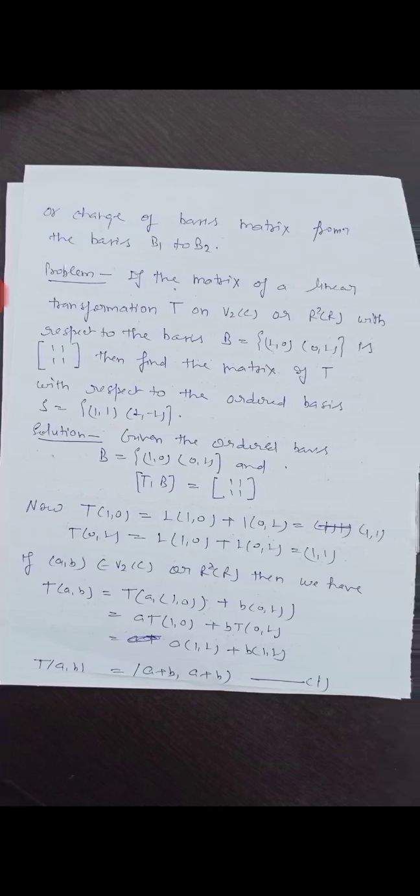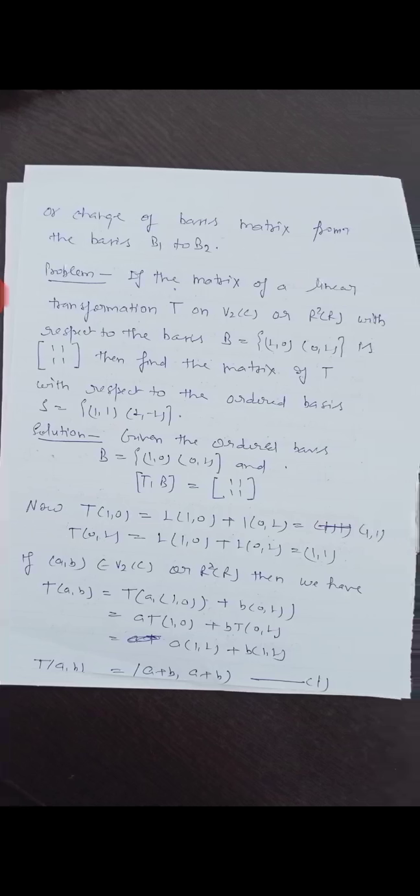If (a, b) belongs to V2(C) or R squared (R), then we have T(a, b) = T(a(1, 0) + b(0, 1)) = aT(1, 0) + bT(0, 1) = a(1, 1) + b(1, 1). So T(a, b) = (a + b, a + b).